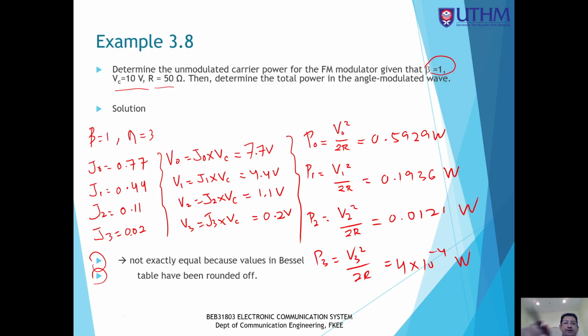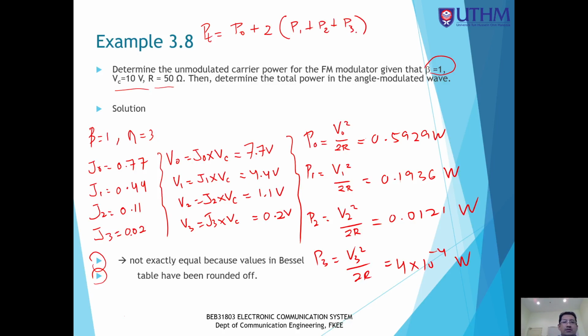Okay, so if you plus all of this, P total is equal to P0 plus 2 times P1 plus P2 plus P3.